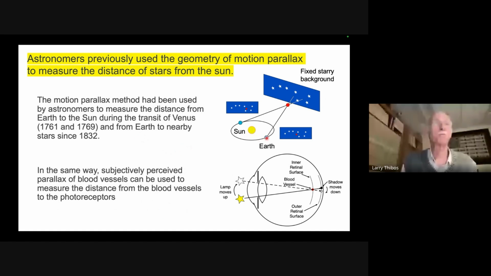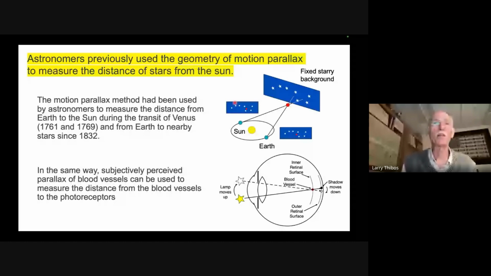Suppose you're on Earth in the springtime, and you're looking at some celestial object like a planet or maybe a nearby star, and you see it against a backdrop of fixed stars that are so far away that they don't move when the Earth moves. So now you make your measurements of where that object exists relative to the fixed stars. It's right there.